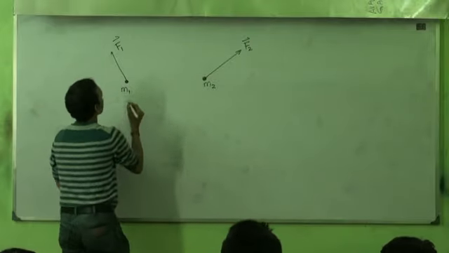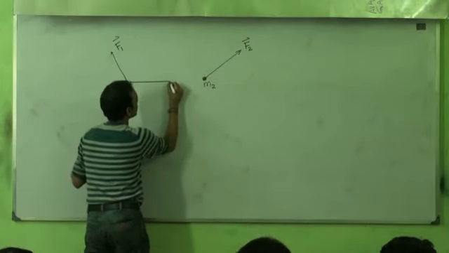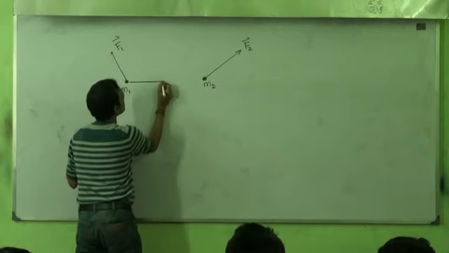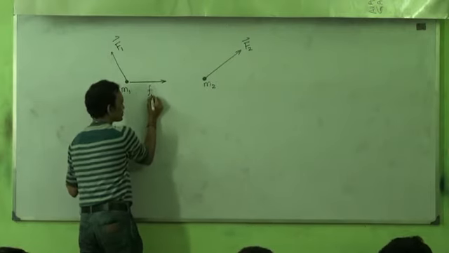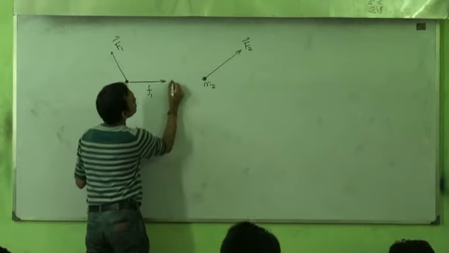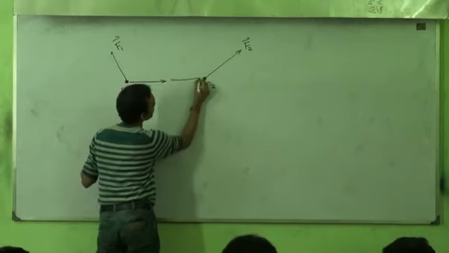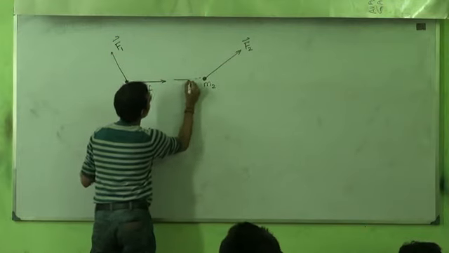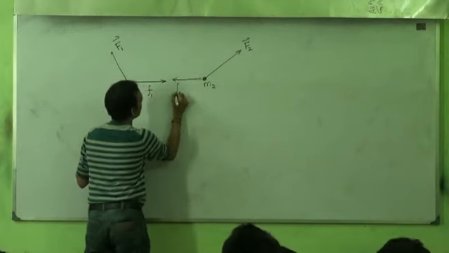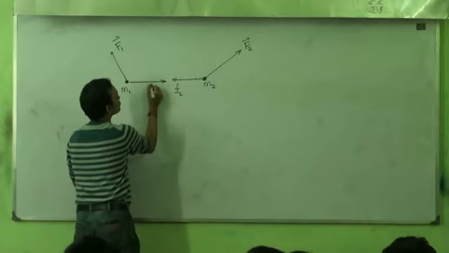Let's say M2 exerts on M1 a force f1, and as a consequence of the third law, M1 will exert on M2 an equal and opposite force f2.